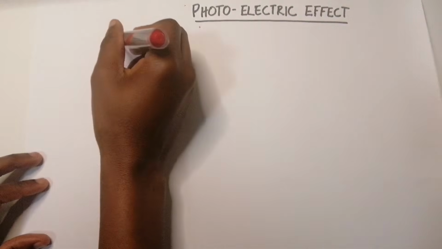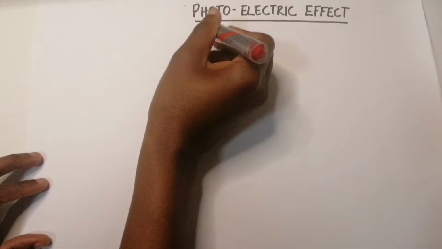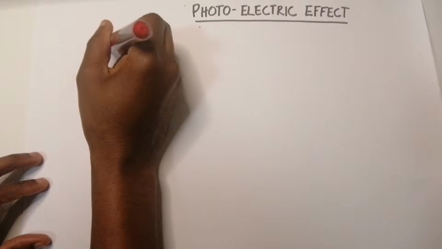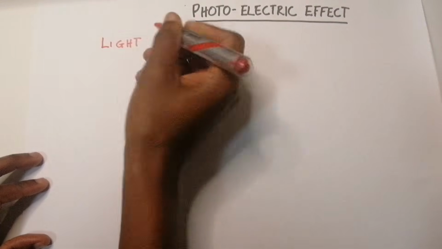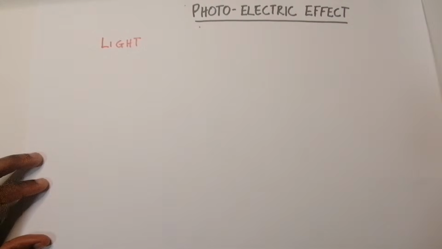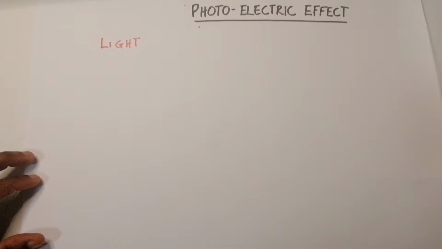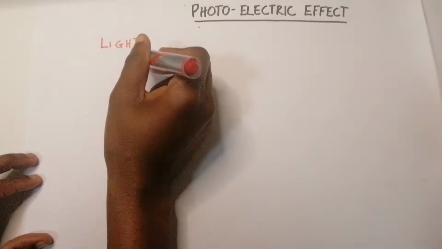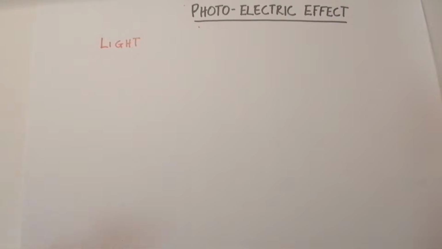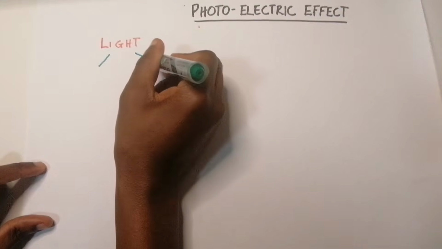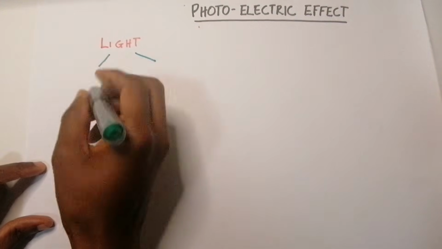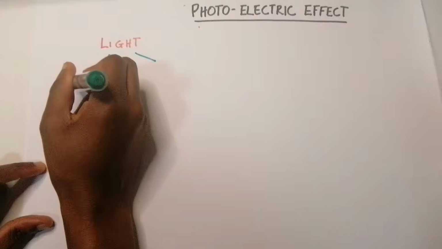Let's talk about light first of all. We know that light has got a dual nature. When we talk about photo, we are simply referring to light. The two natures of light: first of all, light can behave as a wave.